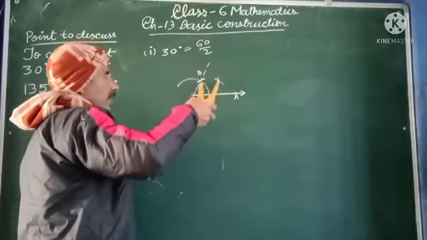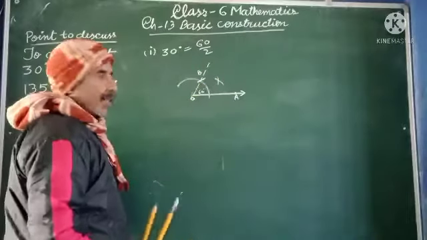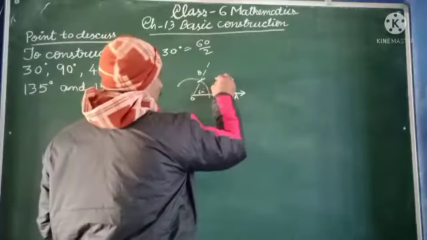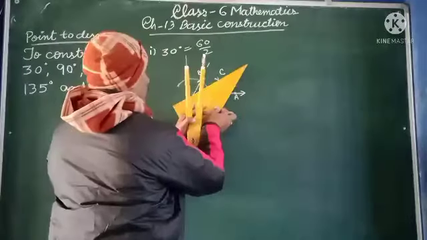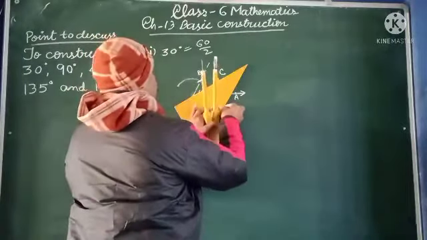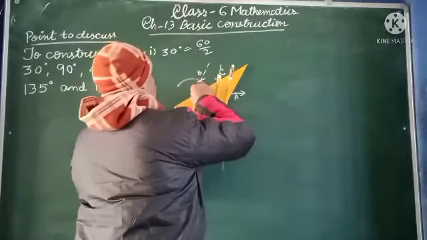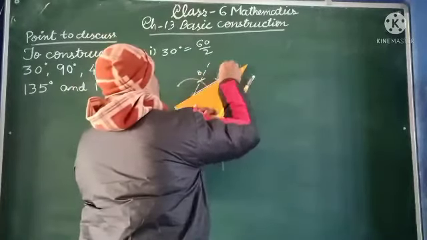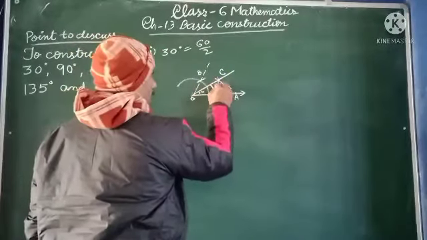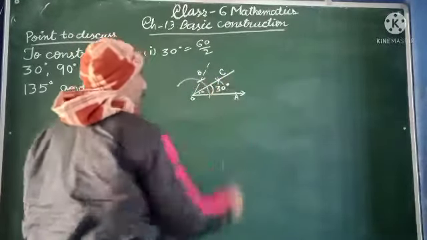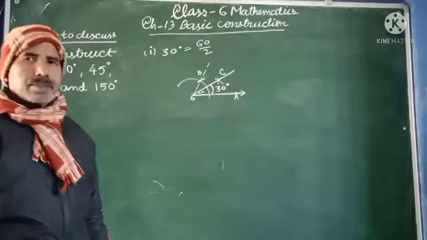You can see these two arcs are intersecting each other. Mark this point as C and join O to C. Joining O to C, we will get the 30 degrees. So this is the 30-degree angle.